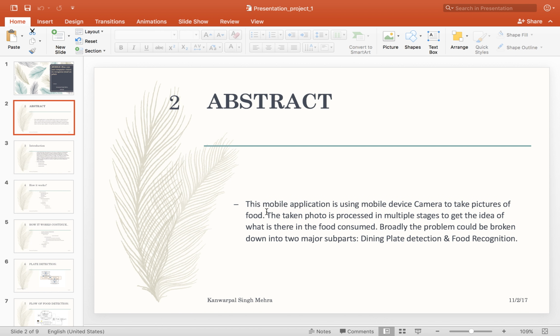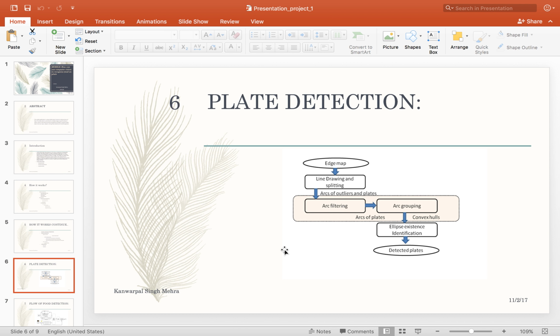I'm assuming that the first problem in detecting what we eat is to detect the plate itself. So my first problem is the detection of the plate. In plate detection, in my tutorial, I have provided the full flow of individual steps which lead to the detection of the plates.